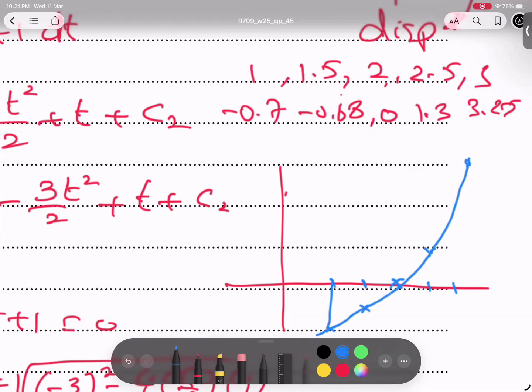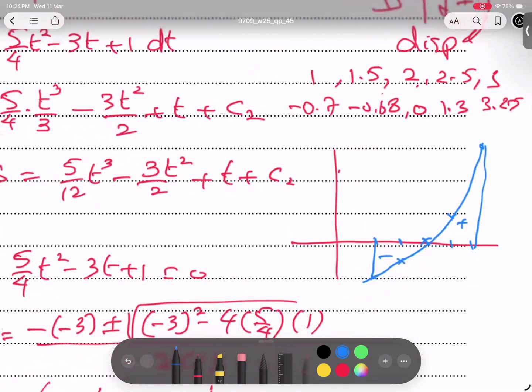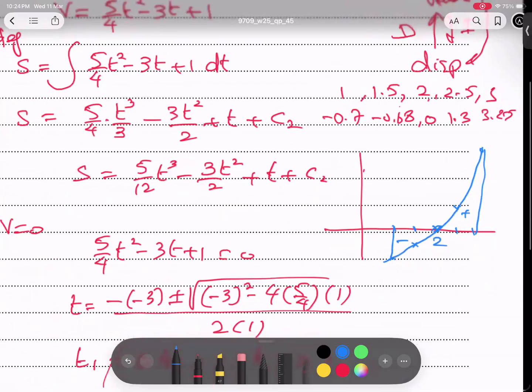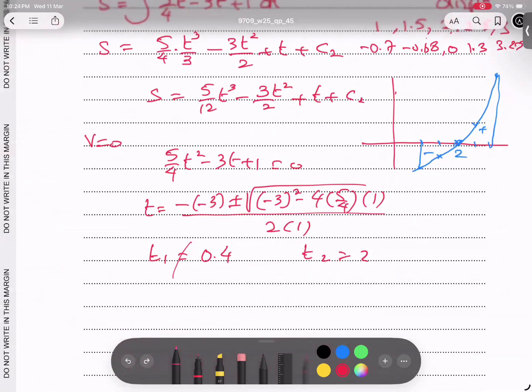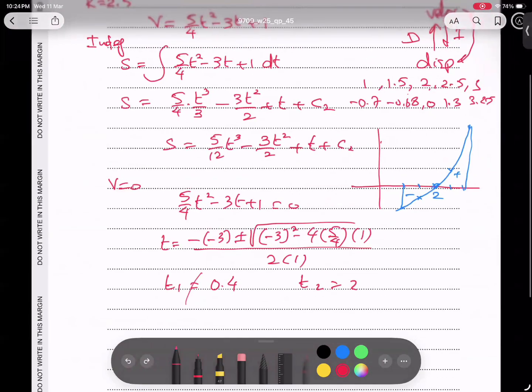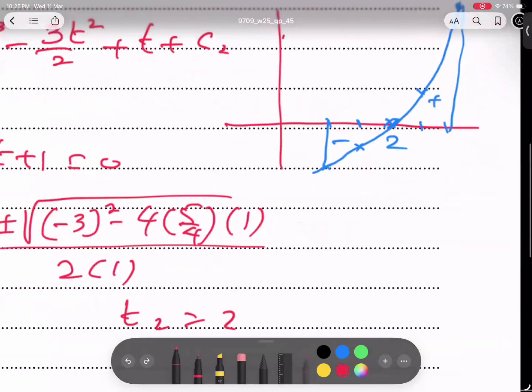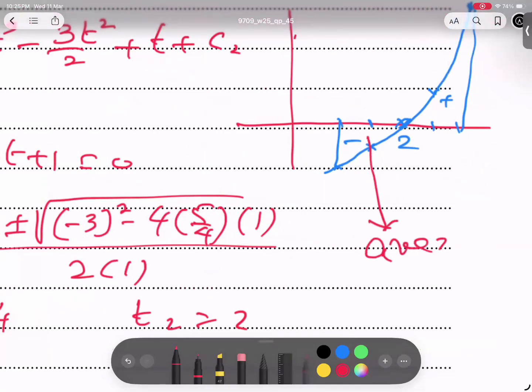You can see that 2 is in the middle, so some area is below and some area above. You know very well that when it's below the x-axis, the area will be negative, and this area will be positive.